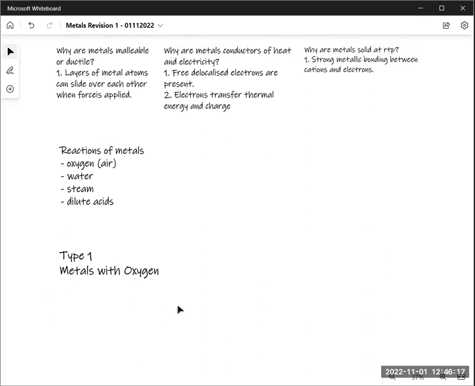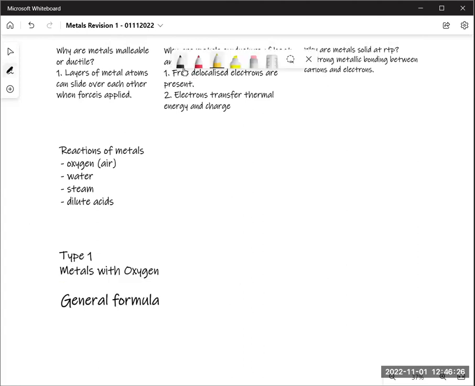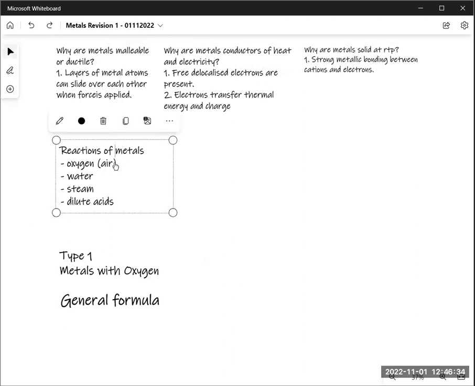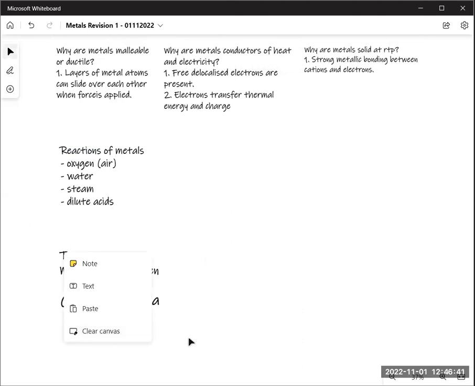The reaction is first I'll give you the general formula. Now it depends on which metals we are talking about. So we're looking at reactions of group 1.